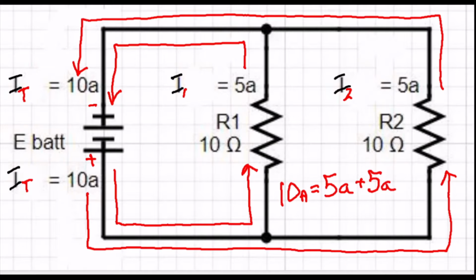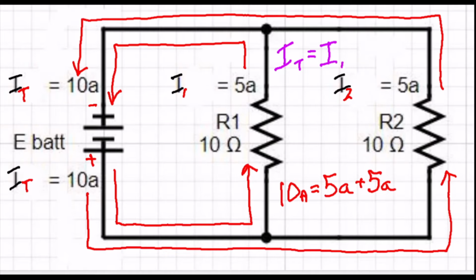So we can come up with kind of a rule looking at this. And that rule, I'll write up here, it is the total current for the circuit is equal to the current at different spots in the circuit.